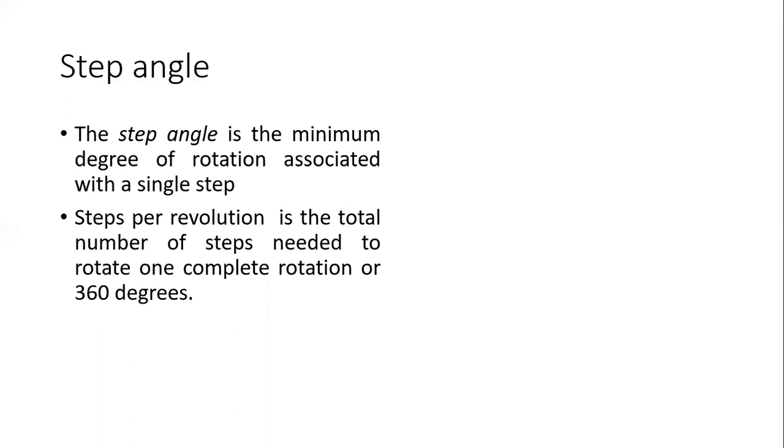Then steps per revolution, which depends on the step angle. One revolution is equal to how many degrees? Very good, 360 degrees. So steps per revolution is the total number of steps needed to complete one rotation, or 360 degrees.